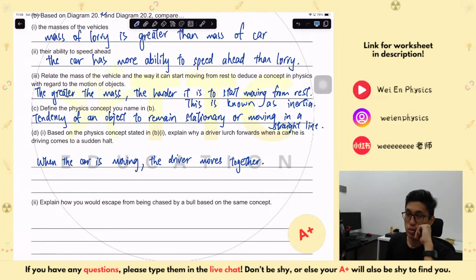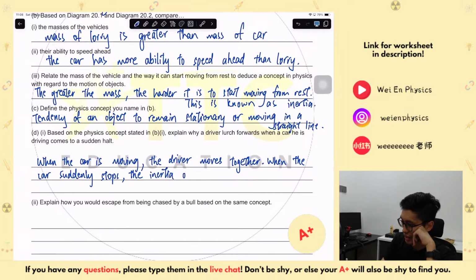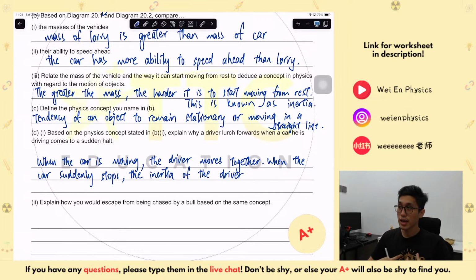Yeah? So when the car suddenly stops, the inertia of the driver will do what? Because the driver was moving ma. Then the inertia will say keep moving, keep moving, keep moving, keep moving.